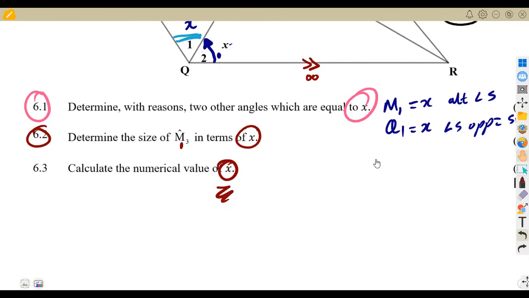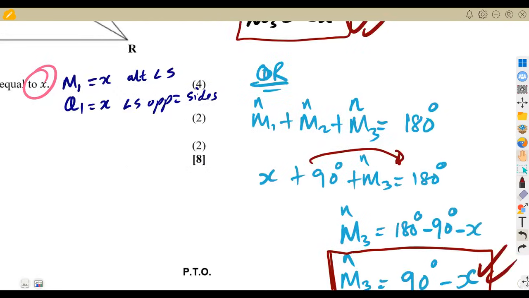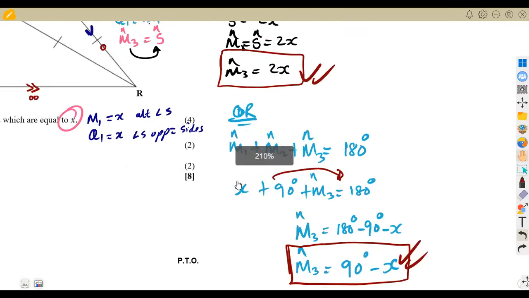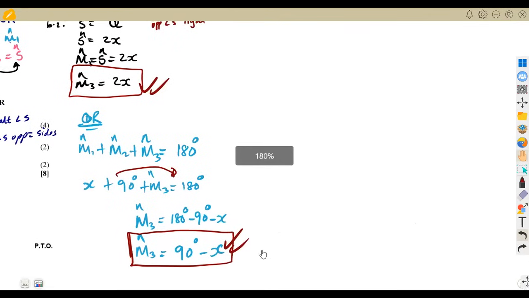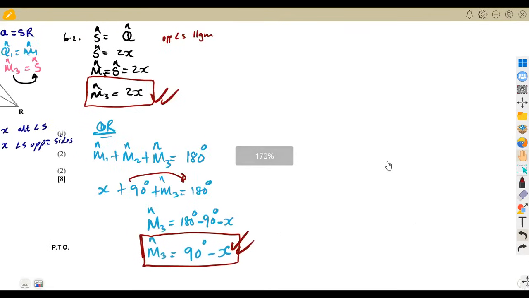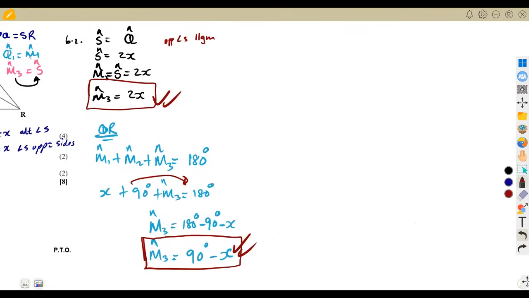Since we have a condition from M3, we can use that as an advantage, because we saw two conditions. From one condition, we saw that M3 is equal to 2x. The same M3 is equal to 90 minus x. So on 6.3, we can take that as an advantage.